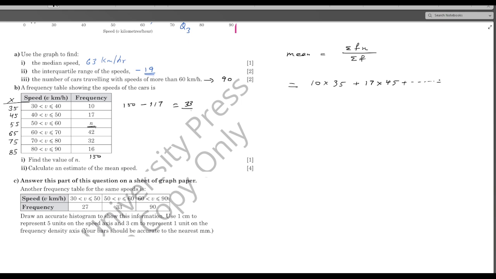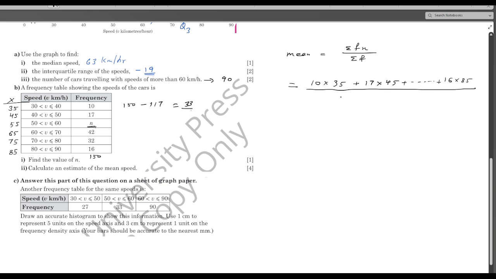The last value is 16 times 85. Then you have your denominator as 10 plus 17 plus and so on. The total frequency is known, which is 150, so you can simply write 150 in the denominator.